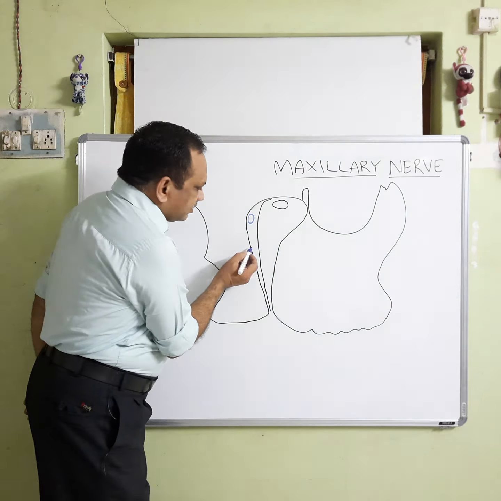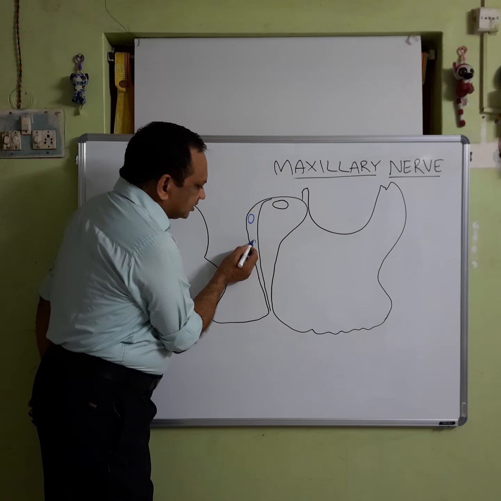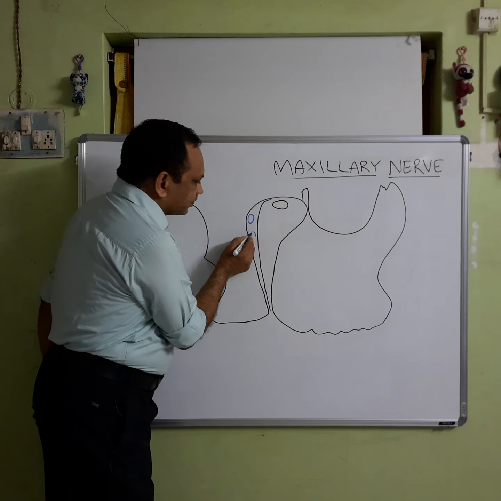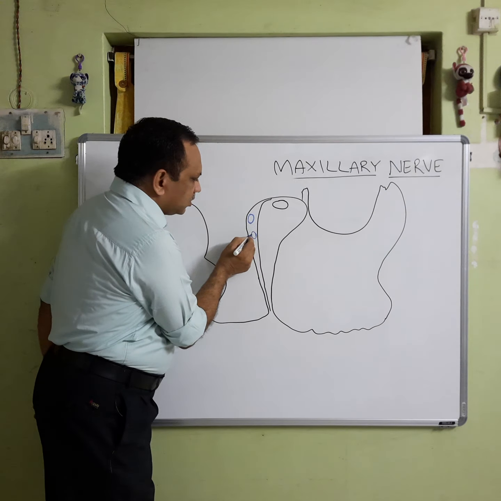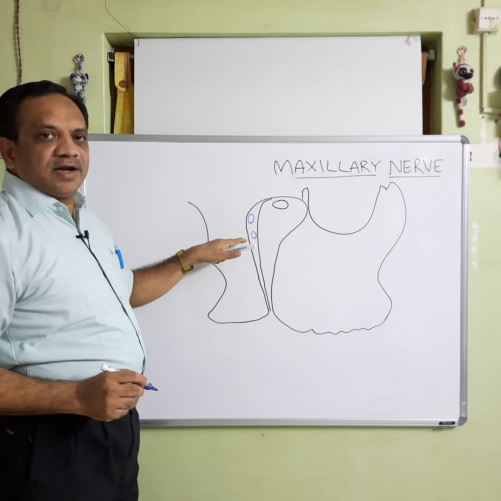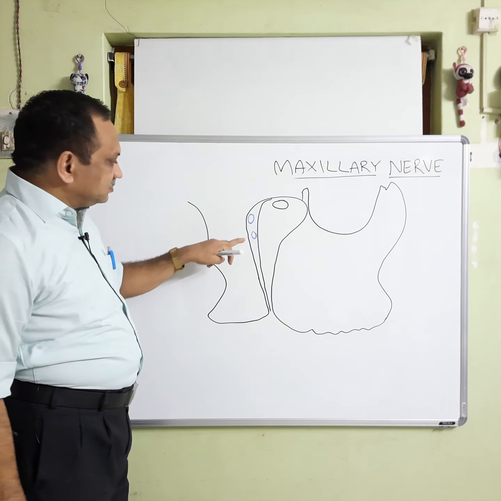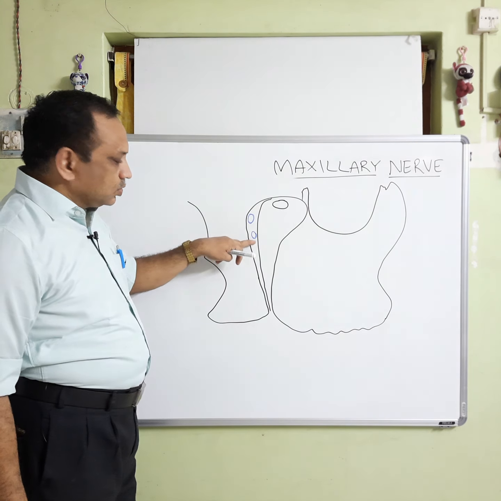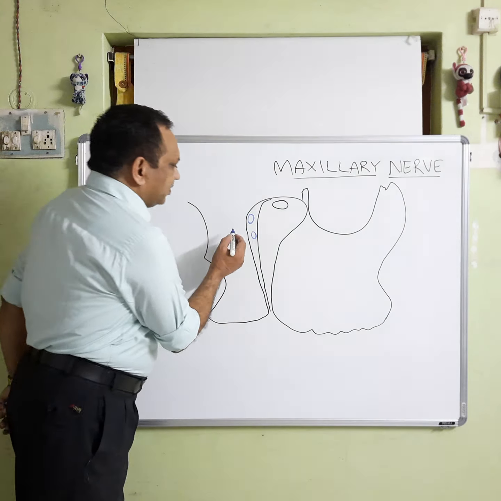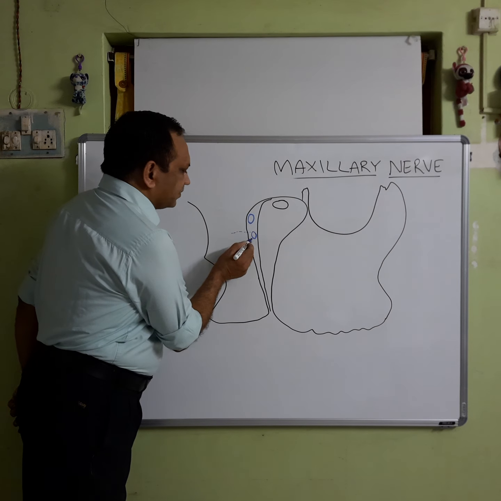A little bit down, near the center, we have the opening of the pterygoid canal. The pterygoid canal is present through the root of the pterygoid process. This is the anterior opening and the posterior opening is present towards this side.